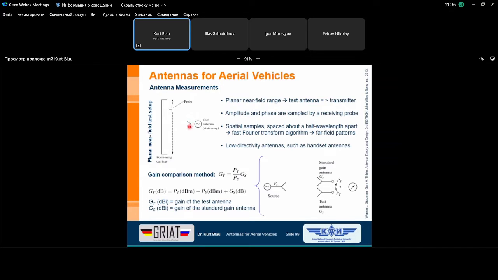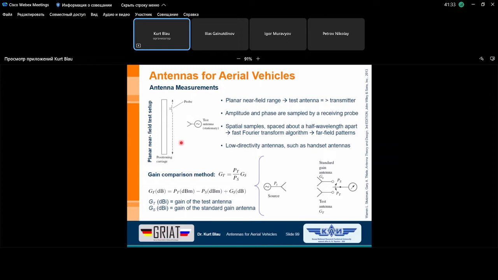But in this case, we cannot hold the far field conditions, so we have to apply, as shown here, a fast Fourier transform algorithm, and from the near field detected magnitudes and phases, we can make a transformation to far field patterns. It means the measurement results are not directly recorded.